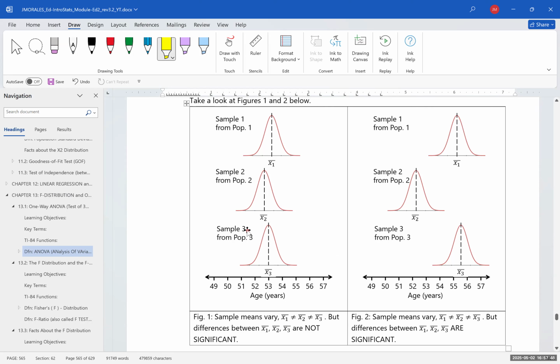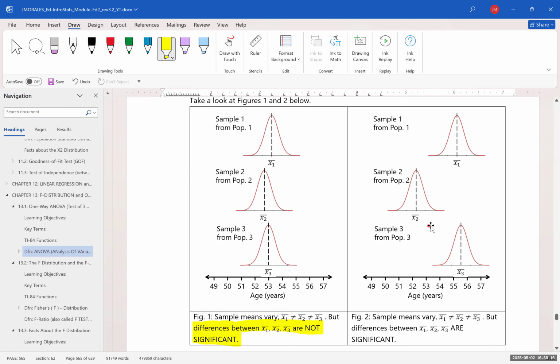And here we have a third sample from a third population, and the center of that sample is x bar 3. So you can see there is a little bit of variation in these sample means. Even though they're not equal, the differences between them are not significant.